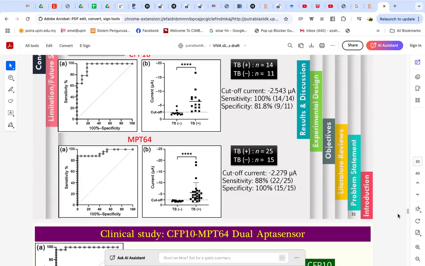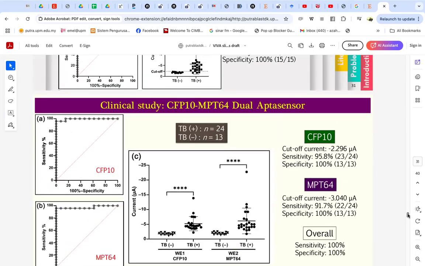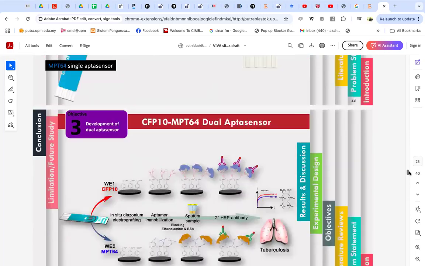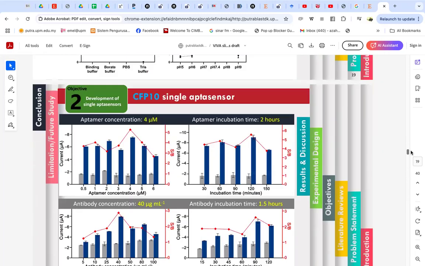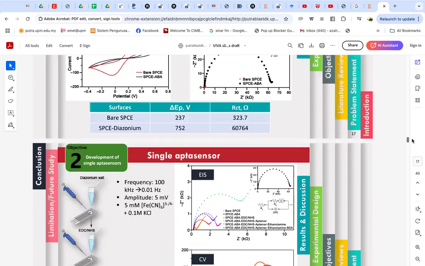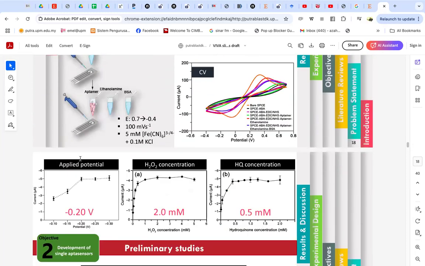There are certain parts, but these are certain characterizations. For an electrochemical transducer, we can do a lot more. You can see that they studied the electrolytes and the applied potential, but there are other things you can do for an electrochemical based biosensor.